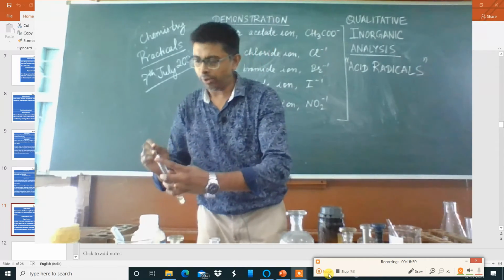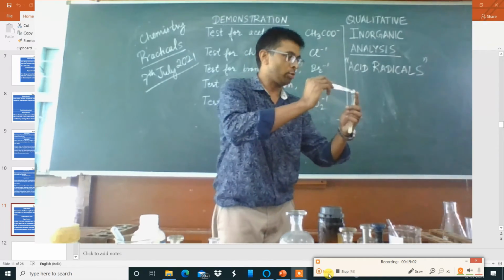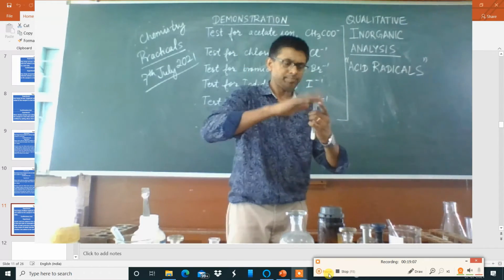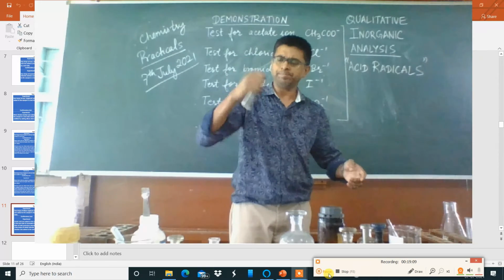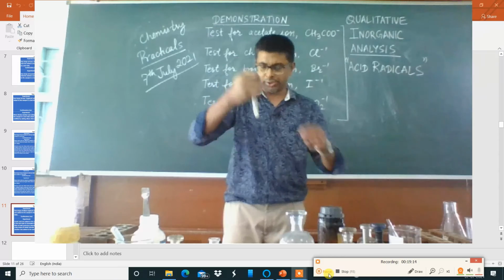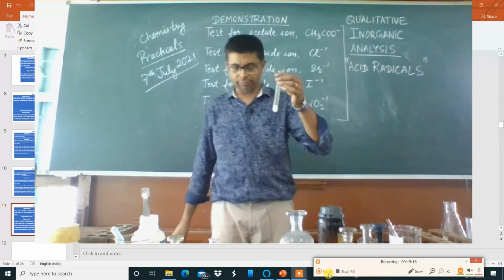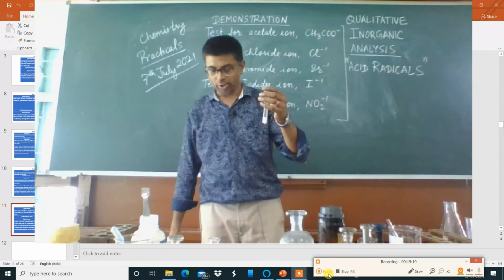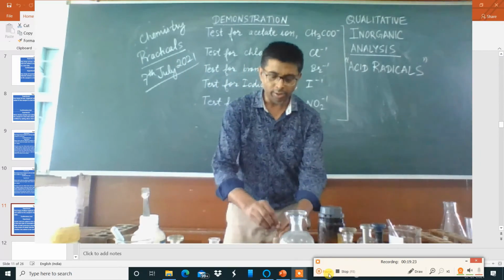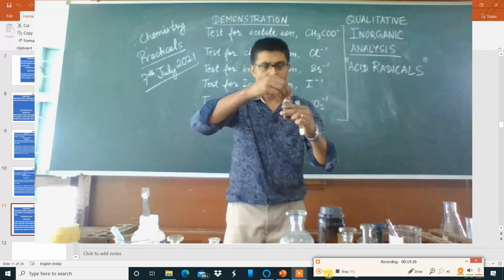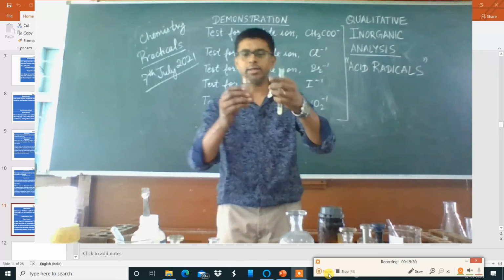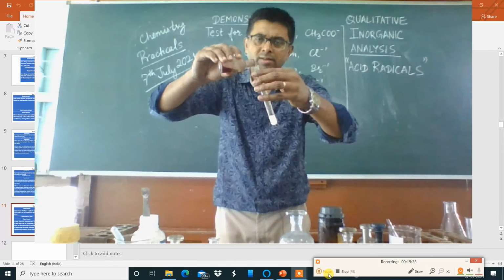I've added it over there. That's done. Now I will be adding a few drops of not cobalt chloride but cobalt nitrate, and I am supposed to get a yellow precipitate after the addition of this cobalt nitrate reagent.